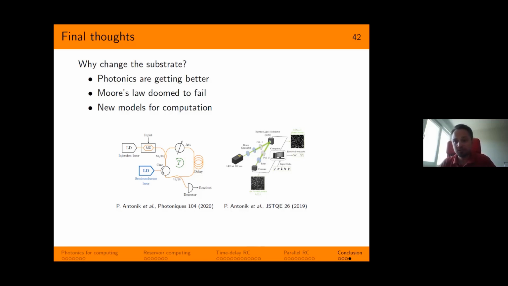Not only because photonics are getting better, we have new sources, more efficient, we have new waveguide geometries, we have new optical materials that interact more efficiently, we have new integration techniques to build photonic chips. And also not because electronics are about to hit the wall of physics in terms of miniaturization and heat dissipation.